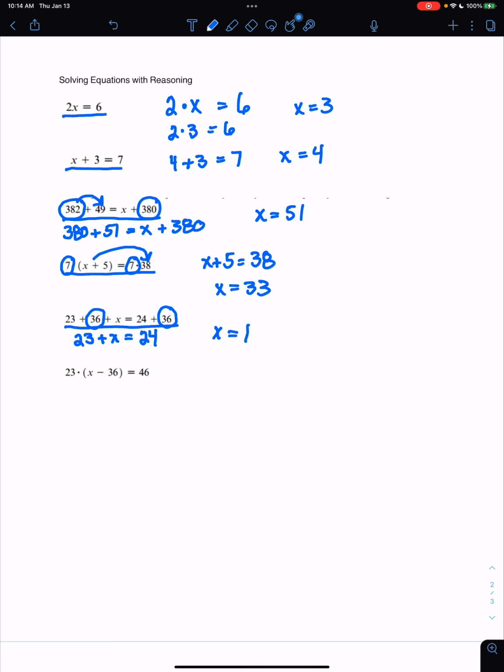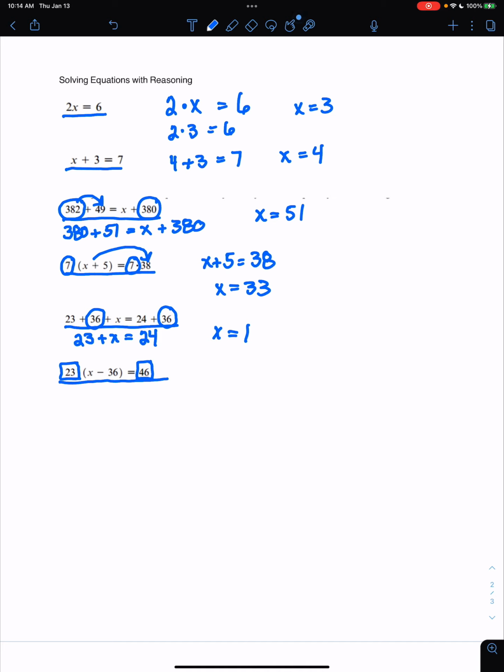Last problem that I'm going to show you with just solving with reasoning. Again, we have 23 times the quantity x minus 36 equals 46. Well, I know there's a relationship here between 23 and 46, right? 23, excuse me, is half of 46.